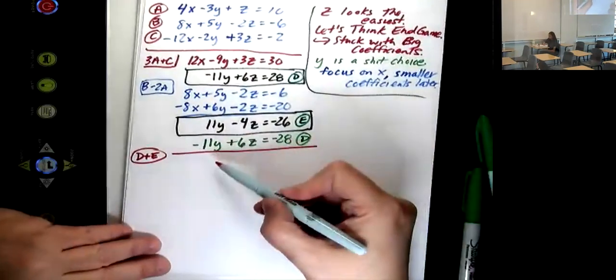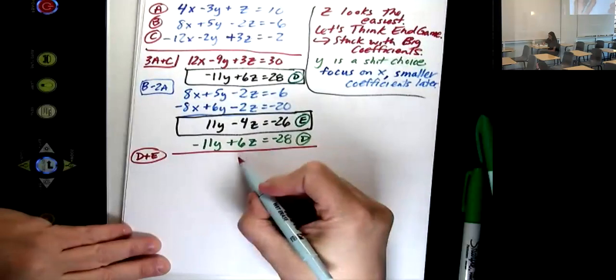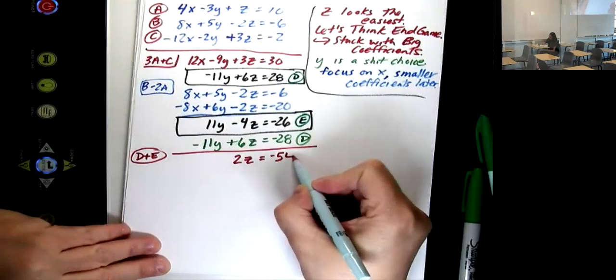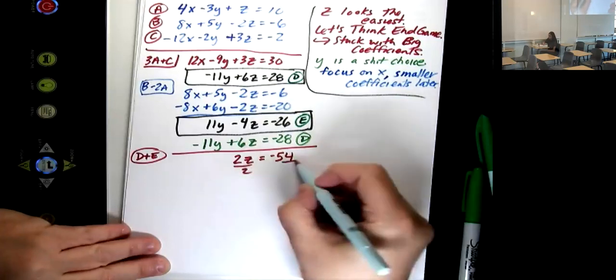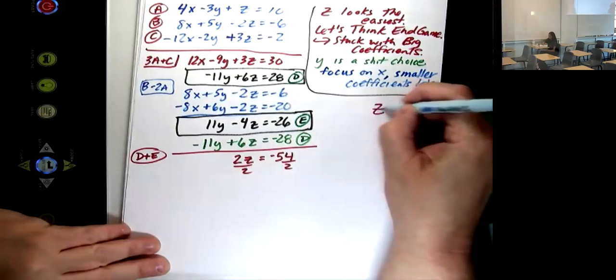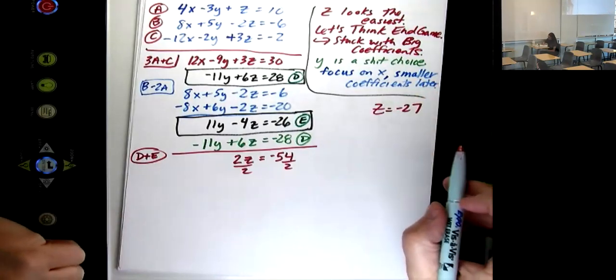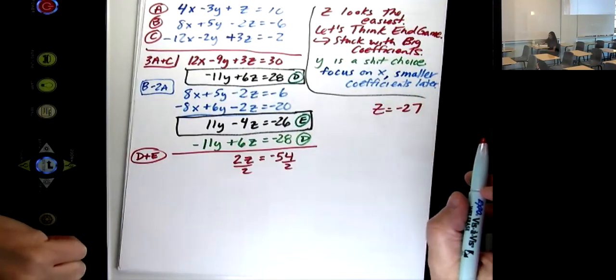That's pretty nice. That's beautiful. I got 2z equals negative 54. And so I divide by 2 and I get z equals negative 27. Not a great number, but I can work with it.